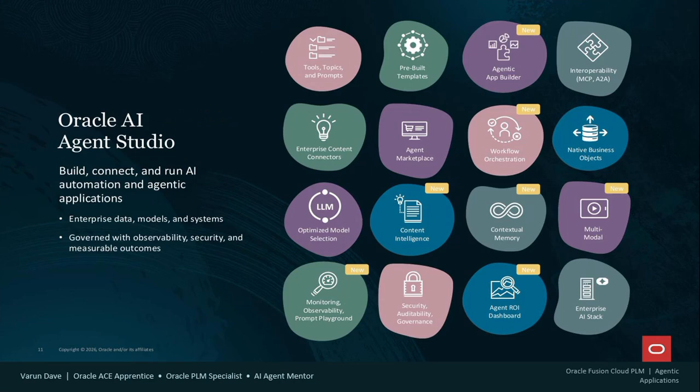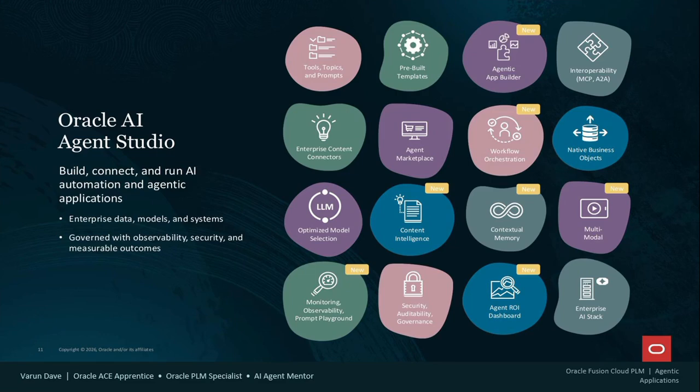Oracle's AI Agent Studio is the main tool used to develop agents, agentic apps, and agentic workflows, test and debug those agents, and publish them on enterprise pages. All of this is built on the AI Agent Studio, Oracle's platform for building, connecting, and running AI automation and agentic applications.